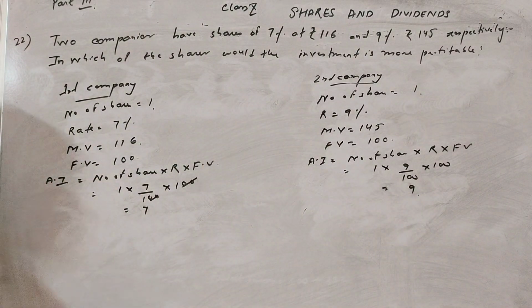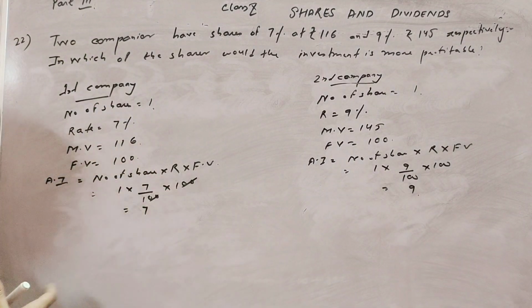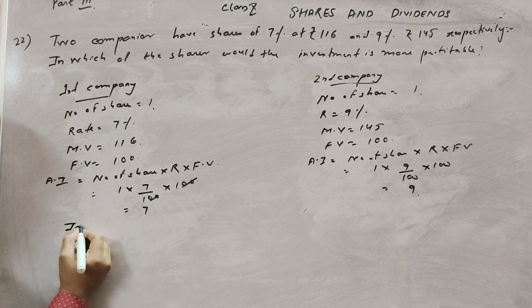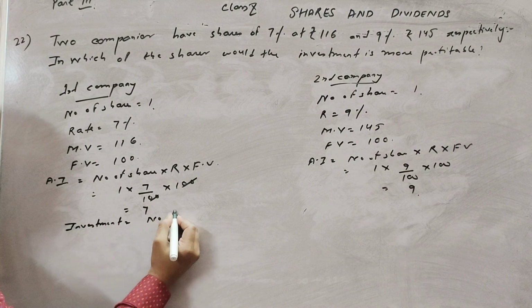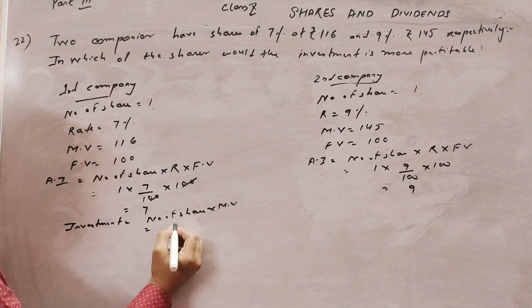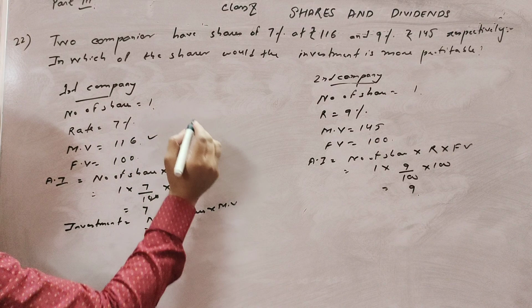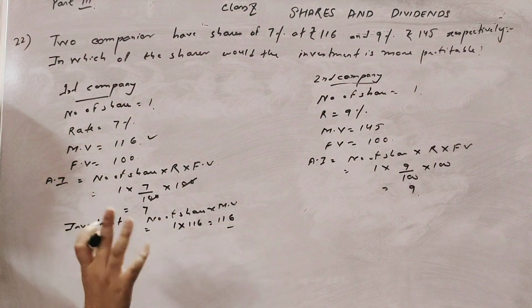We calculate rate of return. We know that the formula of rate of return is annual income upon investment. So first of all, calculate the investment. The investment formula is number of shares into market value. So the number of shares is 1 and market value is 116, so it's total 116 for one share.